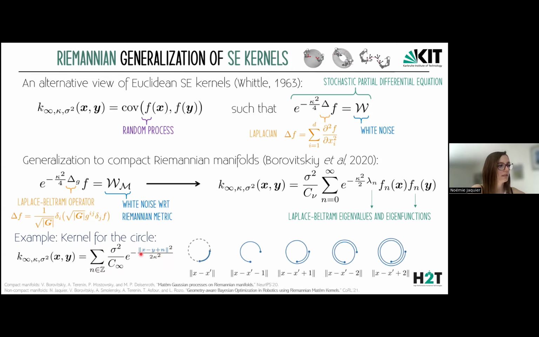What you see is that this part here in blue is basically all the possible distances between the 2 points on the manifold. When n is equal to 0, you have the shortest path. When n is equal to -1, you take the distance between the 2 points along the reverse path. When it's +1, you do a full tour of the circle plus a little bit, and so on. So basically, you take into account all the possible paths on the manifold.